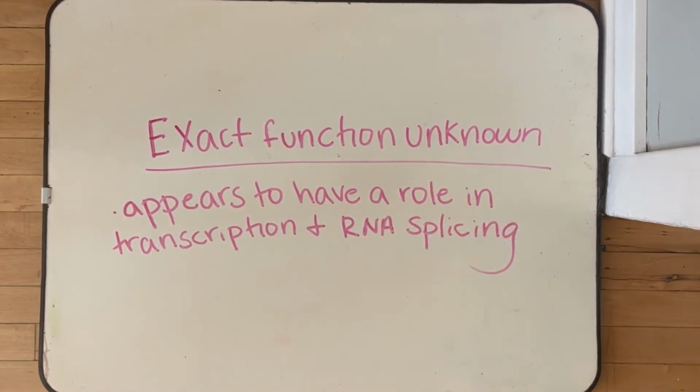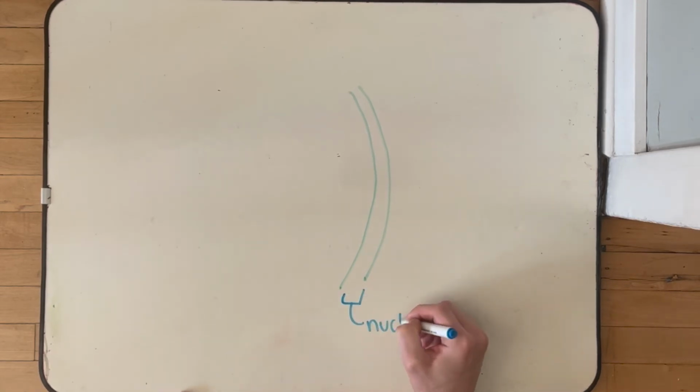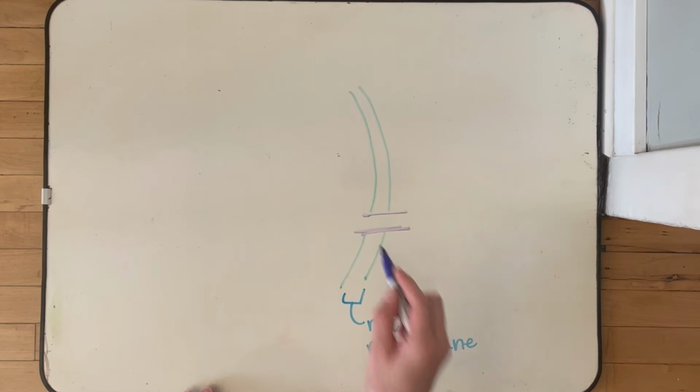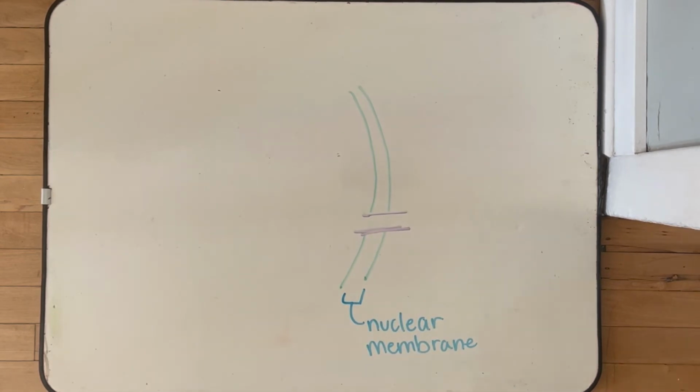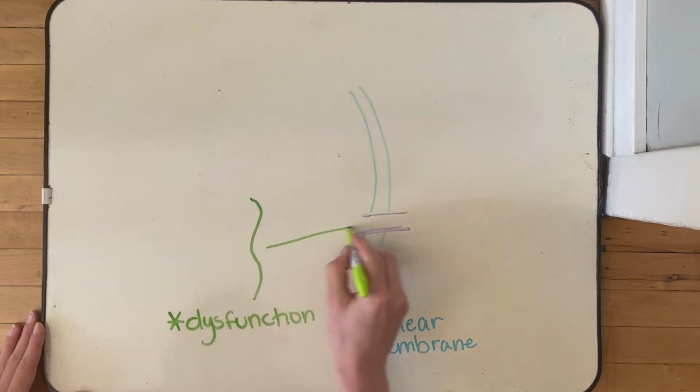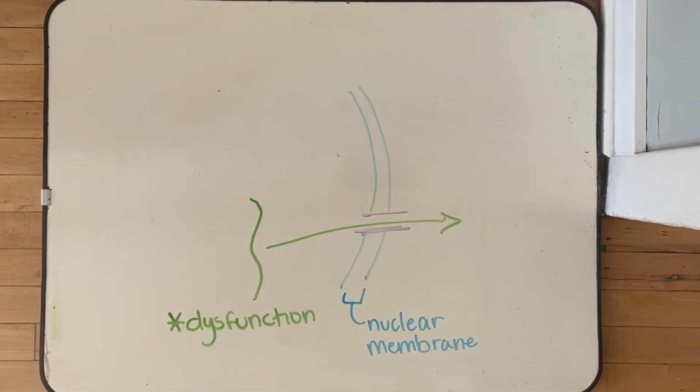For this one, we'll start looking at inside the nuclear membrane because that's where a lot of the issues with this occur. And it's actually interesting because the issue with this TDP43 does not arise from a mutation necessarily. It comes from just some kind of dysfunction with the mRNA, causing it to clear the nuclear membrane more easily. And it's not supposed to do that so easily.